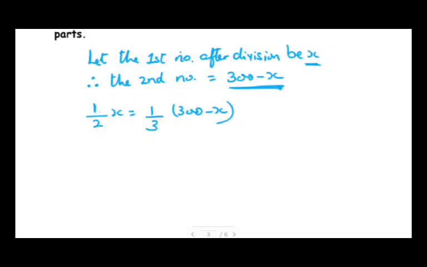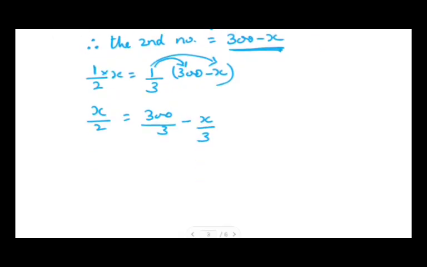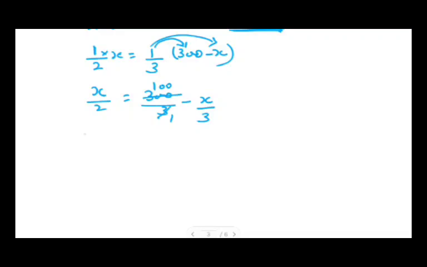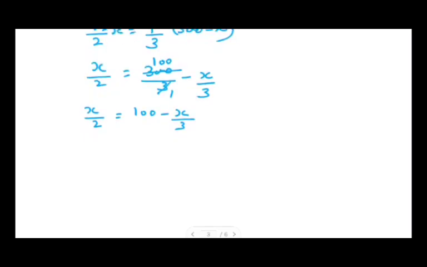So can I write this as 1 into x makes it x upon 2, correct? Now this has to be multiplied by this as well as this. So this will be 300 upon 3 minus x upon 3. Let me reduce this number. 3 ones are 3, 100s are 300. So x upon 2 is equal to 100 minus x upon 3.